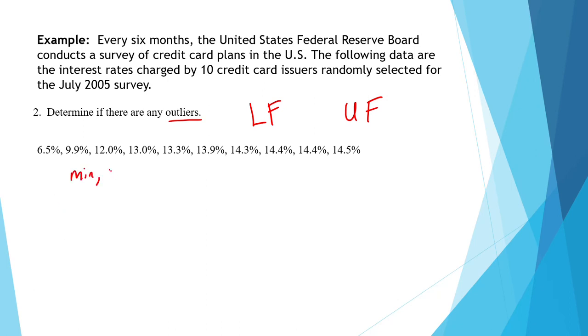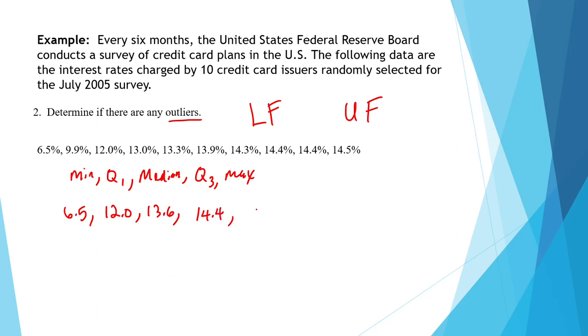The minimum, Q1, the median, Q3, and the maximum. And our numbers are 6.5, 12.0, 13.6, 14.4, and 14.5.